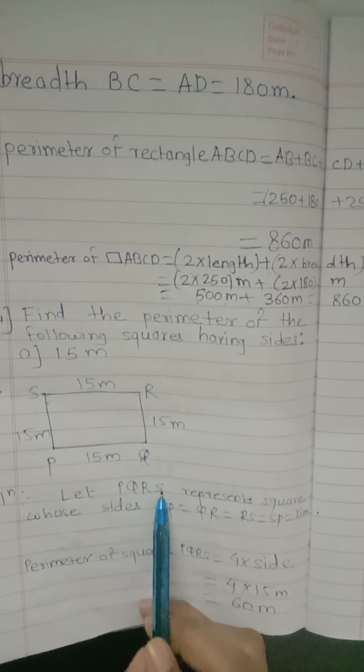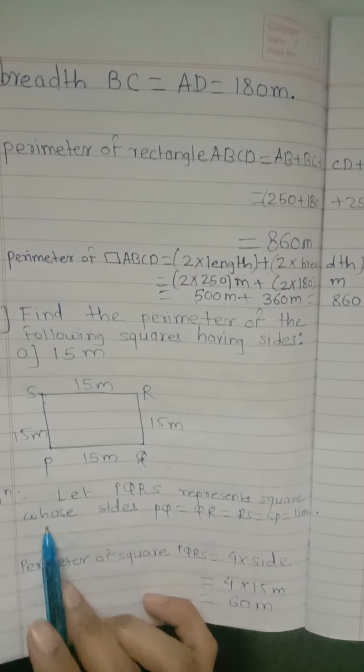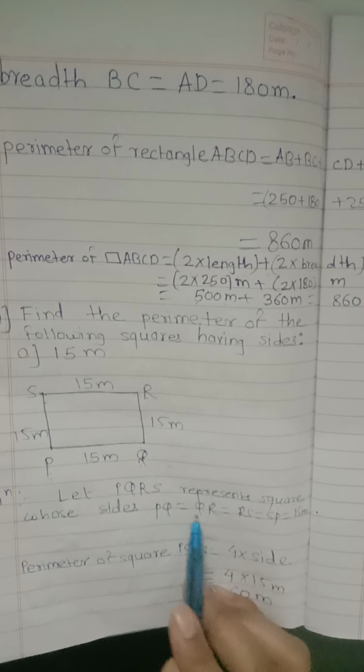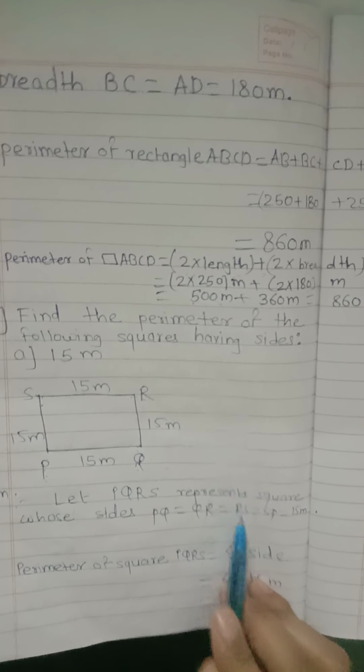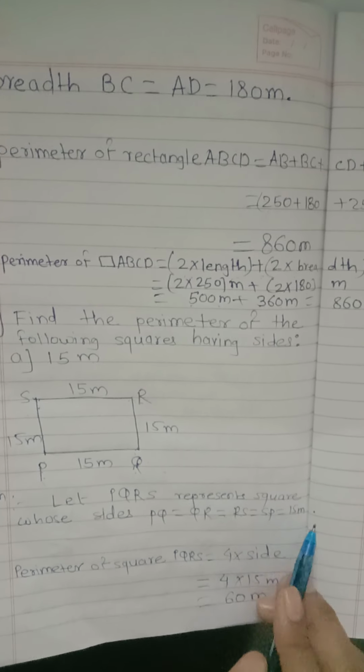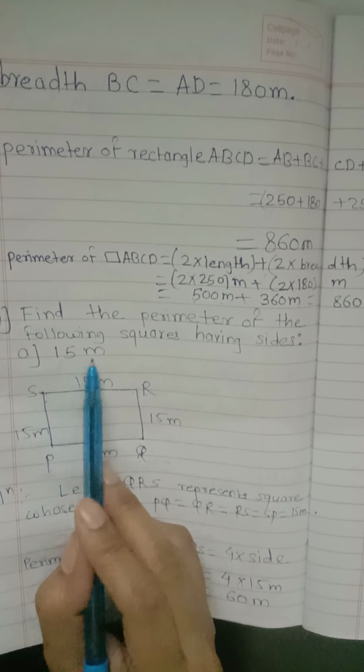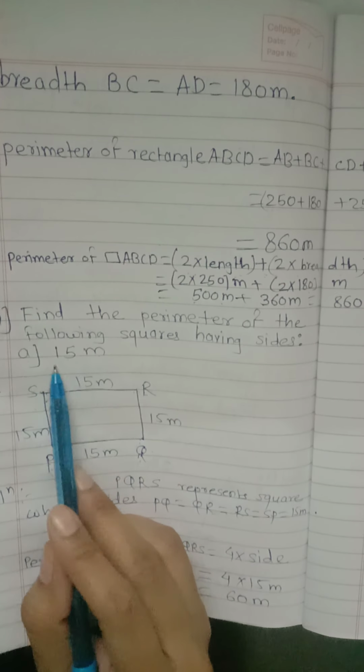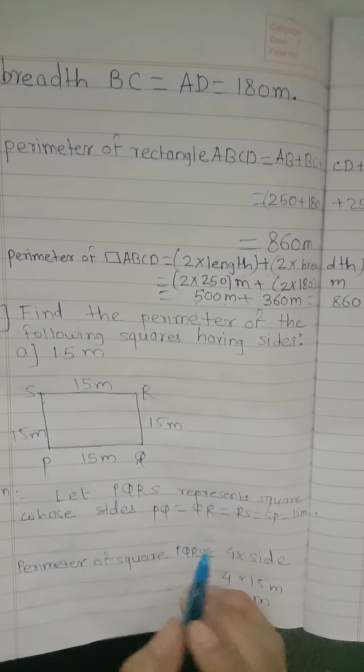So let PQRS represent a square whose sides PQ is equal to QR is equal to RS is equal to SP, and that is equal to 15 meter. How long is its side? Each of its sides is 15 meter long.